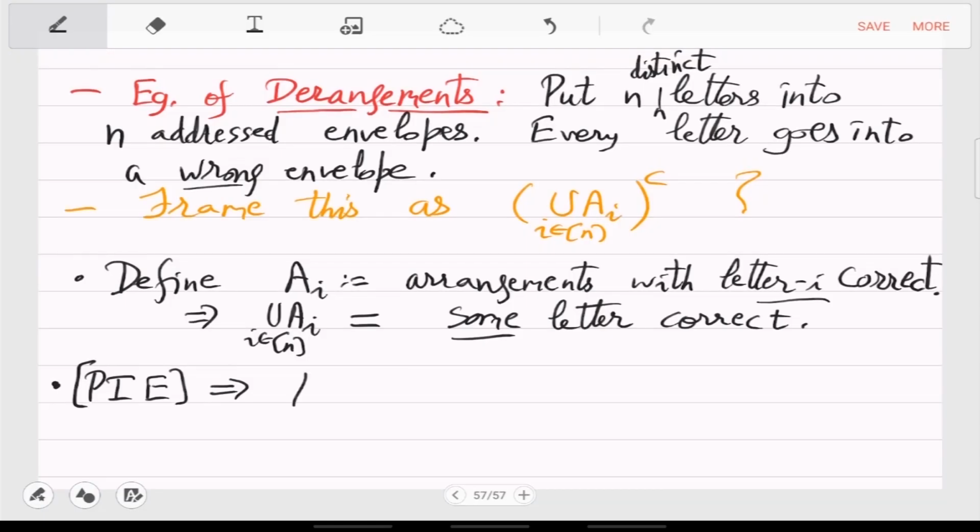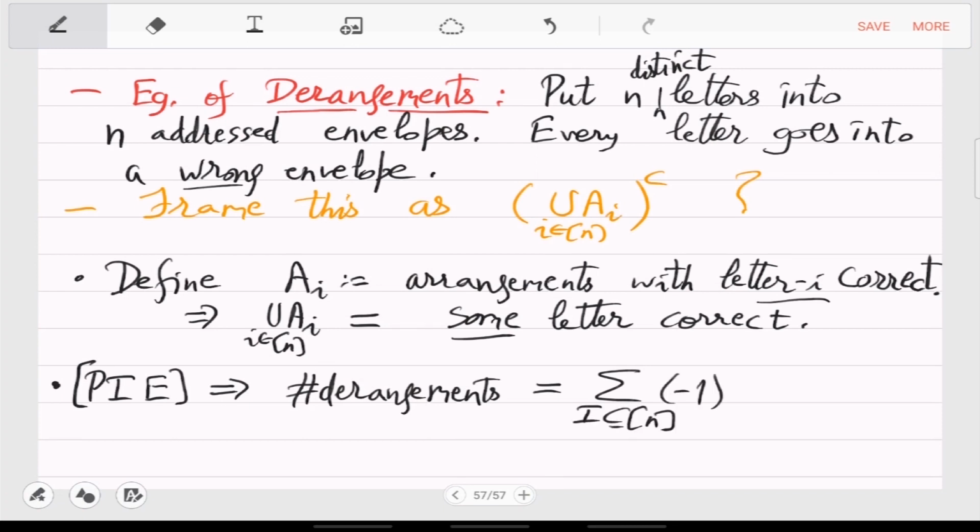So now you apply the formula. So this principle of inclusion exclusion implies that the number of derangements, what was the formula? Sum of (-1) to the size of I times the size of the intersection of A sub I, right? How do you calculate this?